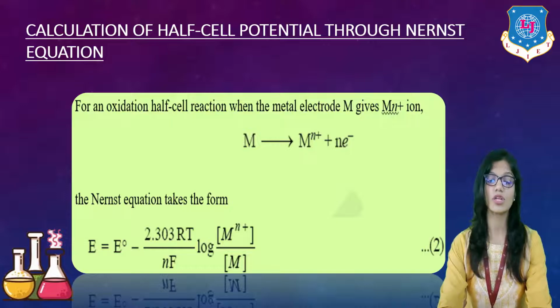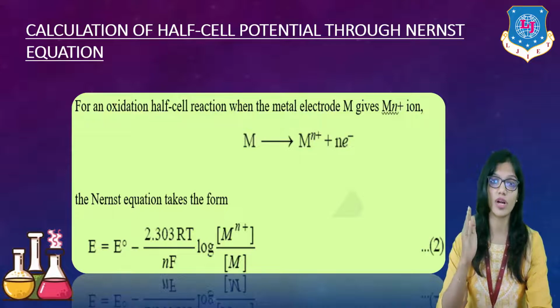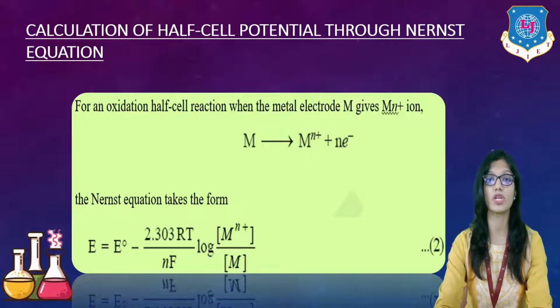Now the Nernst equation takes the form E is equal to E0 minus 2.303 RT by nF log of the concentration of the product, M n plus, divided by the concentration of the reactant, which is M. That is our equation number 2.